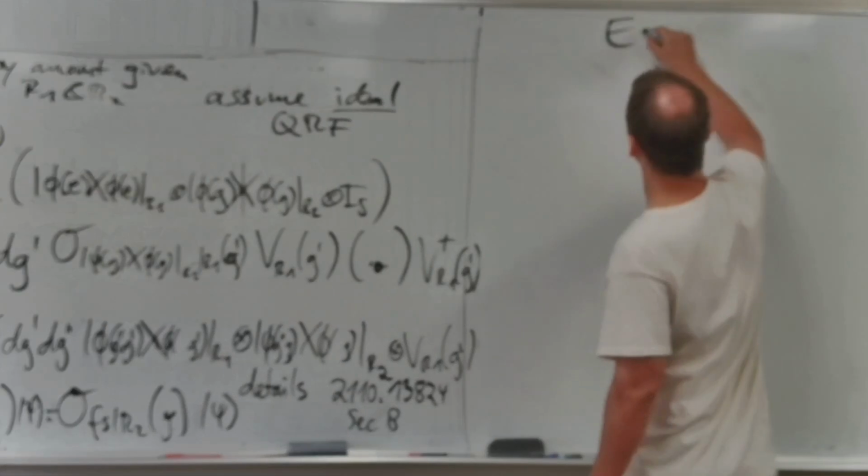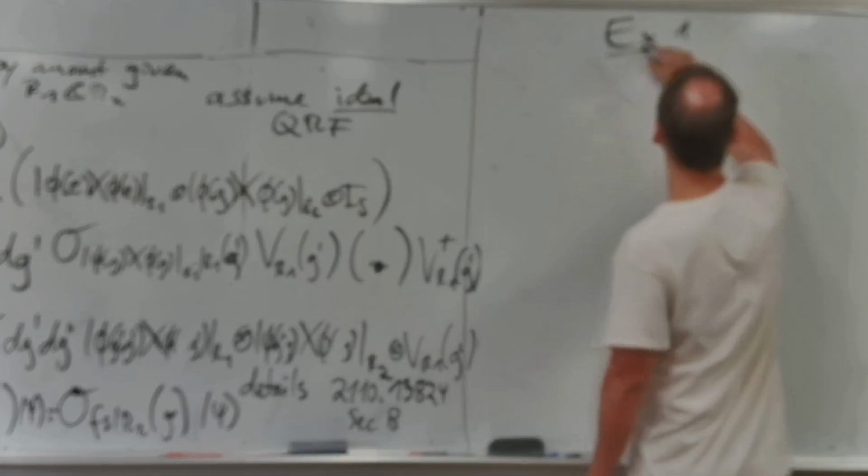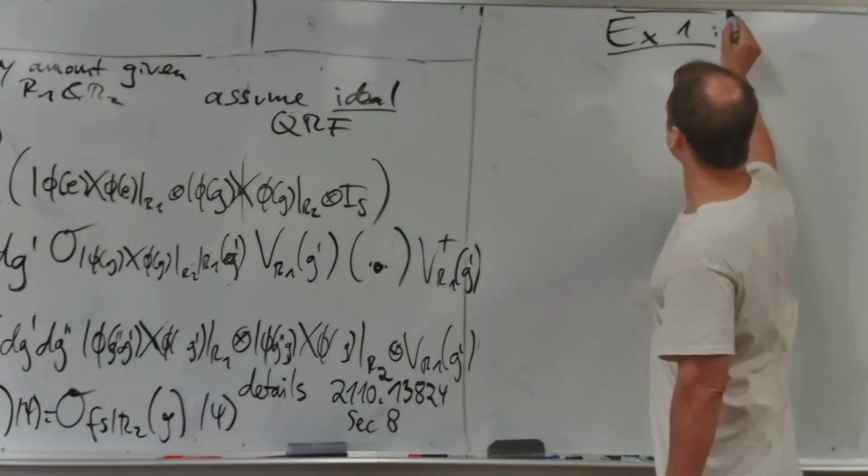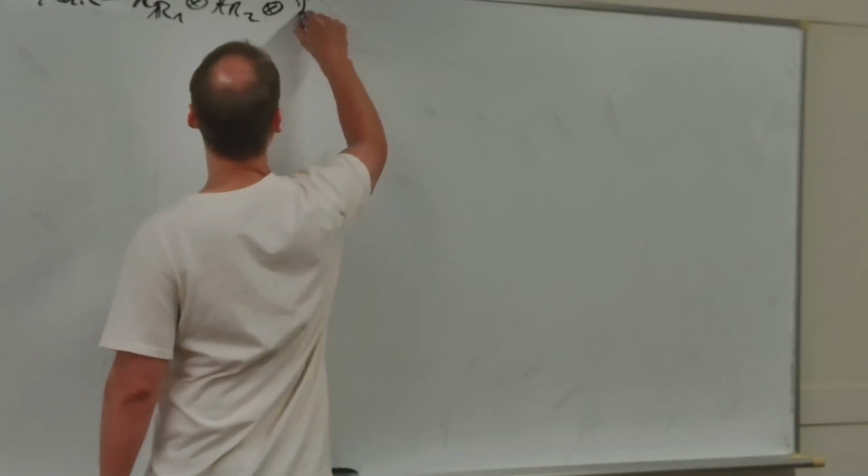So let's go back to this example one, or somewhat extended if you want. So let's suppose we have H, well, let's call it R1, R2, and HS.